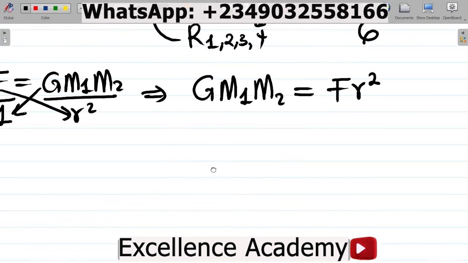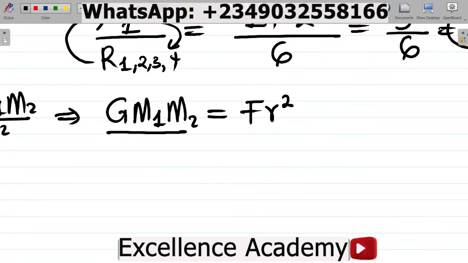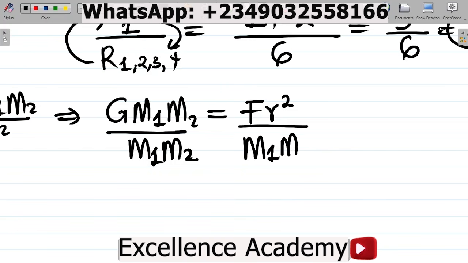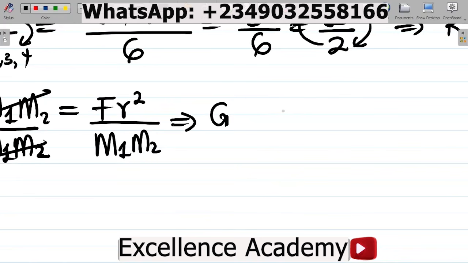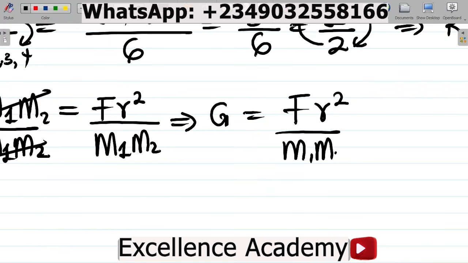Now to get the value of G, all I have to do is divide both sides by m1 m2. Of course, this cancels this. So G will be equal to F r squared all over m1 m2.